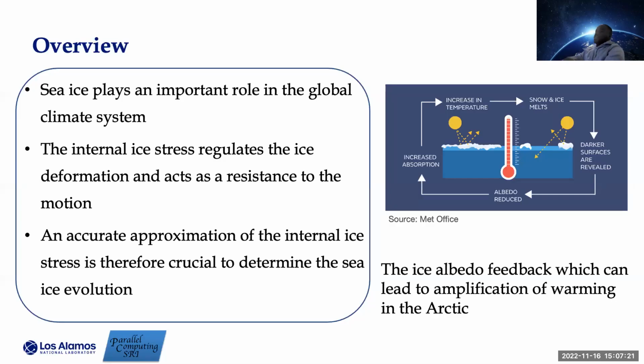Sea ice is a major component in the global climate system because, due to its high reflectivity, it helps reflect a huge proportion of radiation coming from the sun back to the atmosphere. It also helps increase the planetary albedo. Therefore, it is crucial to know its evolution and the role it plays in the global climate system.